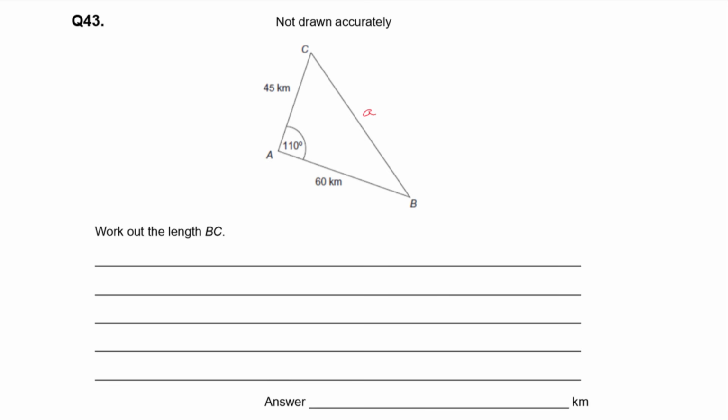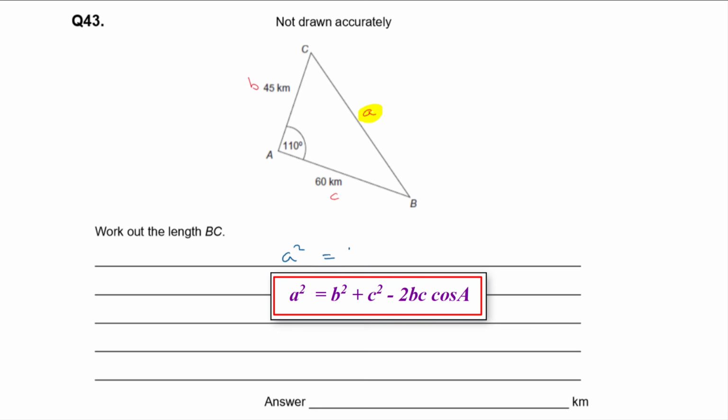Okay, that one is little a because it's opposite angle A, so this one is going to be little b, and this one is going to be little c. So I need to write the cosine rule so it's in terms of a, because a is what I want to find. So a squared equals b squared plus c squared. Remember, these two get repeated, don't they?